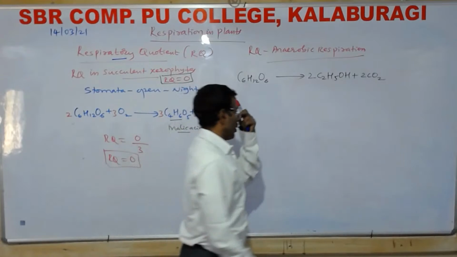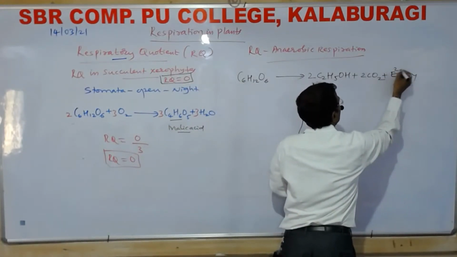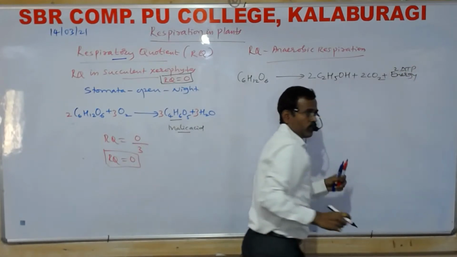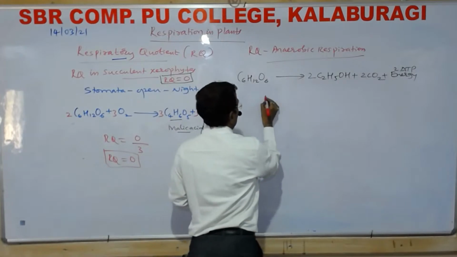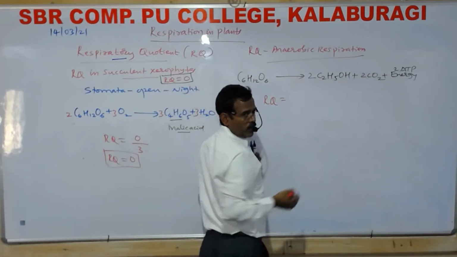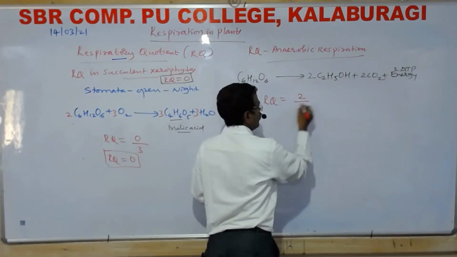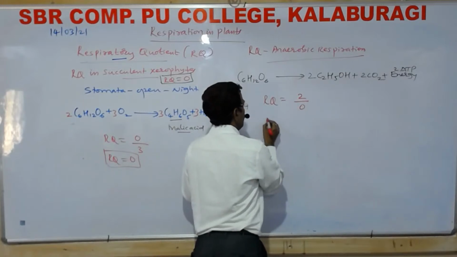This is alcoholic fermentation. Energy: only 2 ATP molecules are produced here. See that now. RQ is equal to the volume of carbon dioxide liberated over the volume of oxygen used, which is 0.